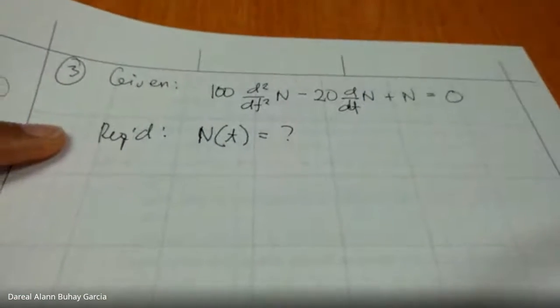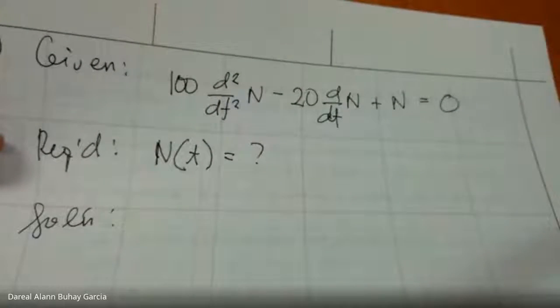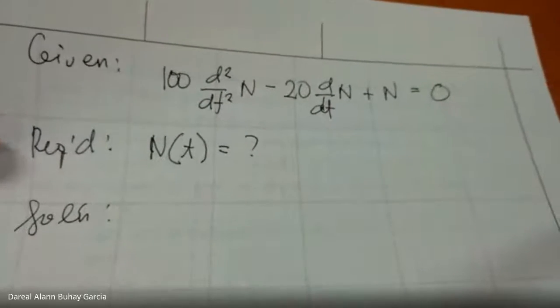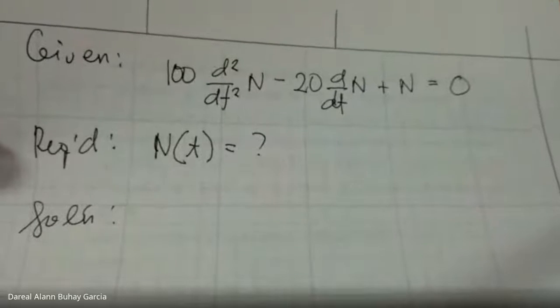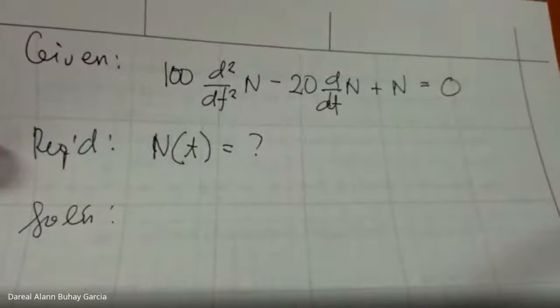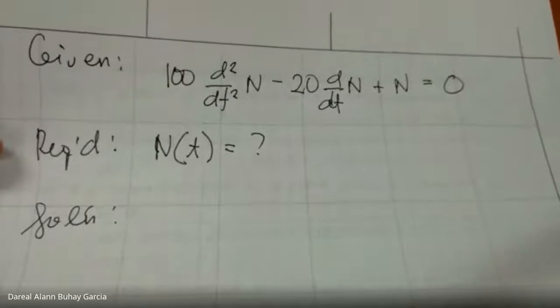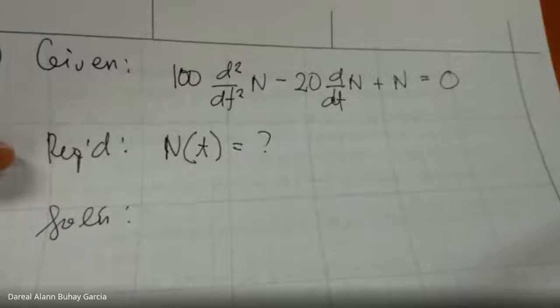Is this standard form? Not yet, based on what we learned last week. If not, how will we convert this to its standard form for linear ODEs?